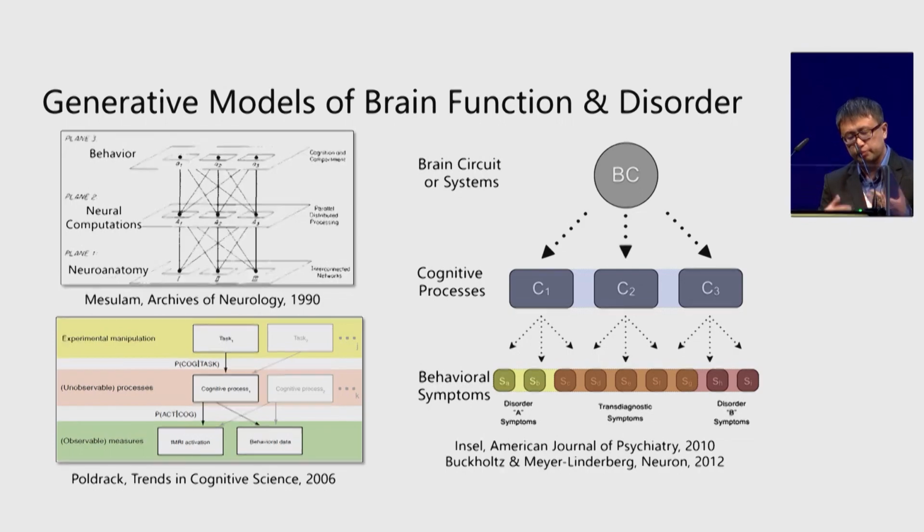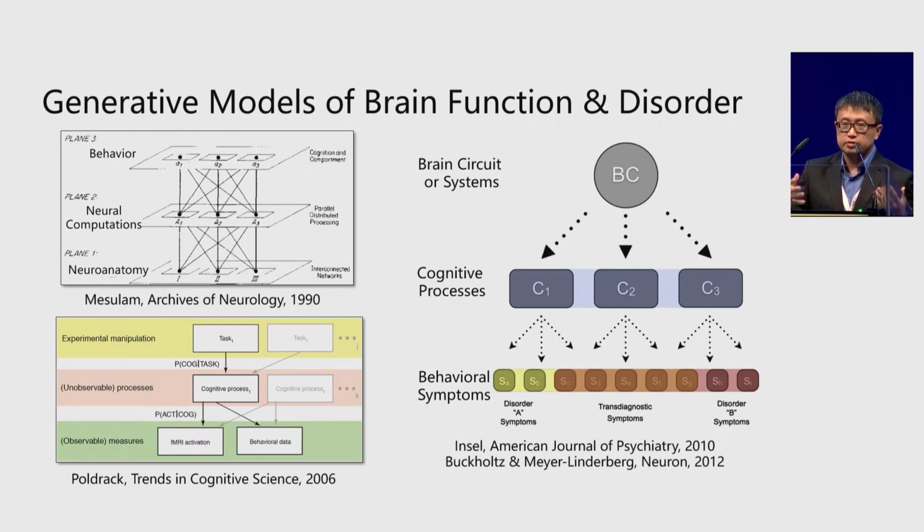Similarly, a hierarchy can be sketched out for brain disorders. This hierarchy shown here is kind of a motivation for the RDoC initiative. In this illustration, the idea is that a brain circuit supports multiple cognitive processes. Disruption to these processes leads to symptoms. Some symptoms might correspond to diagnostic criteria for disorder A. Some might correspond to diagnostic criteria for disorder B. Importantly, the symptoms can overlap across disorders.